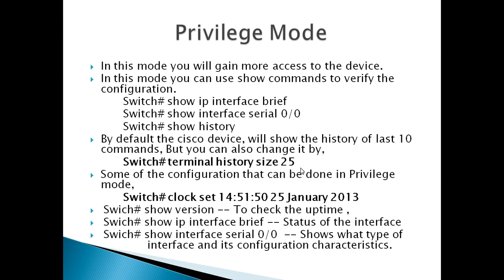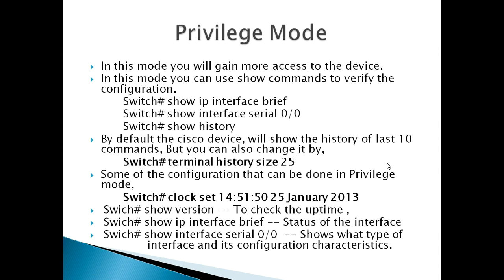These are some of the commands that can be used in privilege mode itself. What about the commands I gave earlier? Show ip interface brief. What does it mean? It will give you the status of the interface. Show history, as I said earlier, gives details about the commands I have entered before.